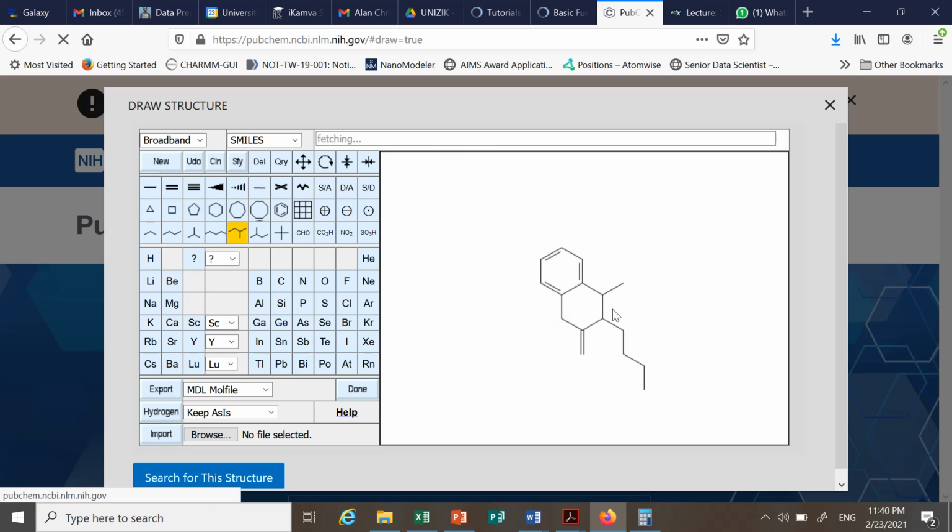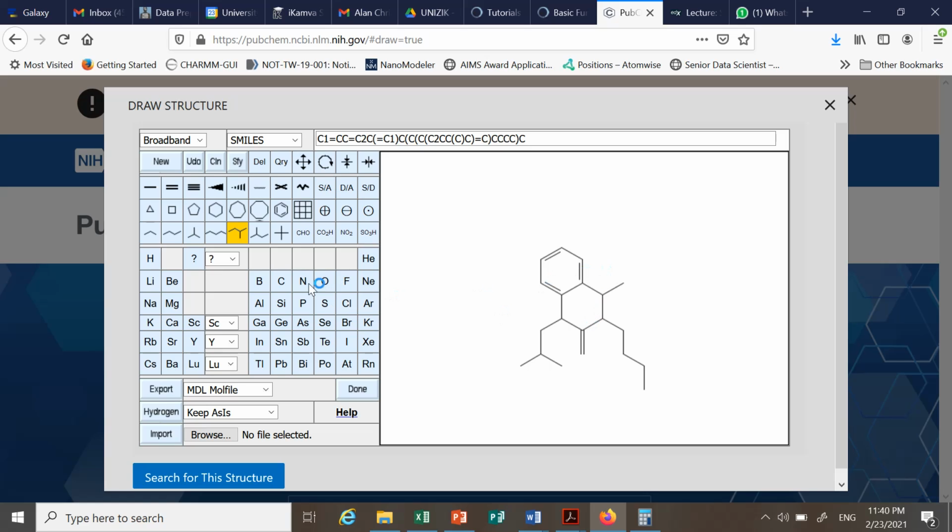Now the assumption is that each of these positions has carbon in it. Usually it doesn't explicitly show the carbon. So each of these assumes a carbon, and at the end of each carbon is hydrogen. Those are not clearly shown sometimes, but you can change them if that is not what you want.